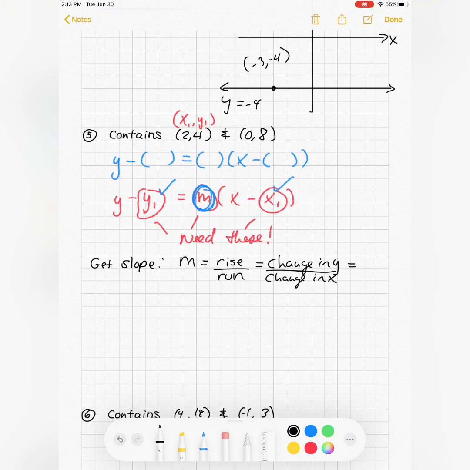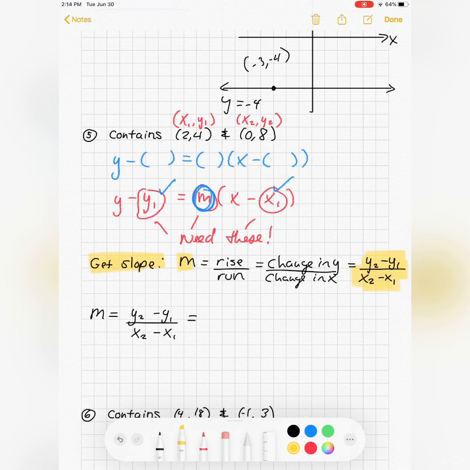So if I'm given 2 points, so I have an x1, y1, let's call this one then an x2, y2. So wouldn't I get the change in y by just subtracting? So y2 minus y1, and the change in x by subtracting the x's? That gives me the difference in x, right? So to get the slope, if I have 2 points on the line, I just use that equation. y2 minus y1 over x2 minus x1.